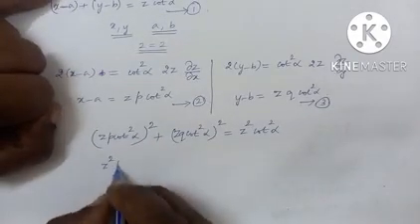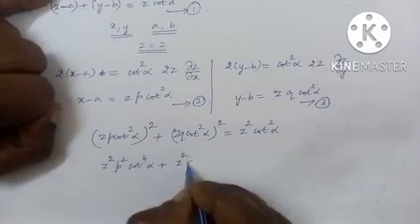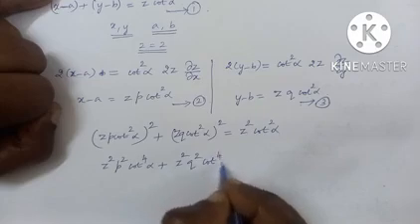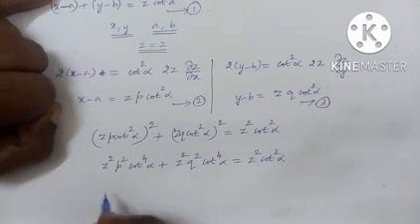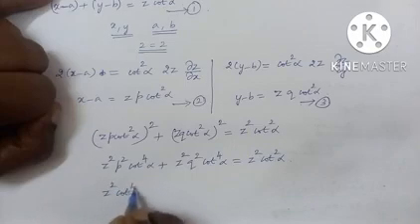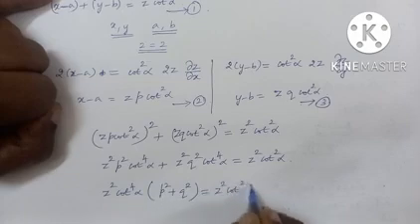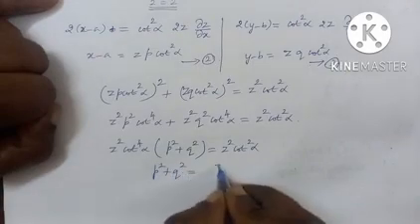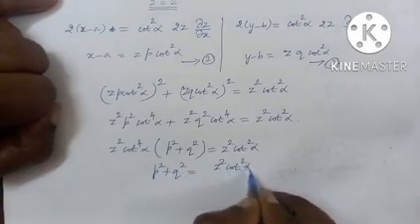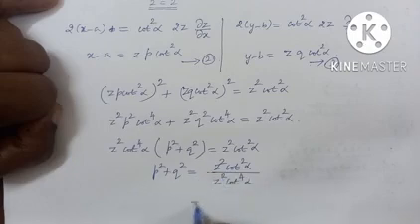You can write z square p square cot power 4 alpha, plus z square q square cot power 4 alpha, equal to z square cot square alpha. You can take z square cot power 4 alpha common. P square plus q square equal to z square cot square alpha, so p square plus q square equal to z square cot square alpha by z square cot power 4 alpha.